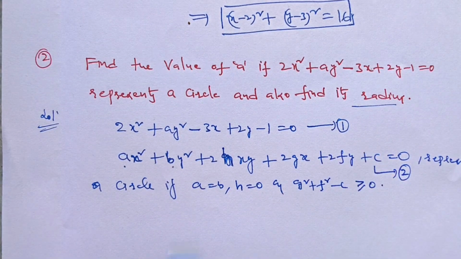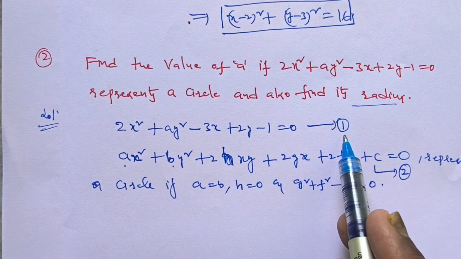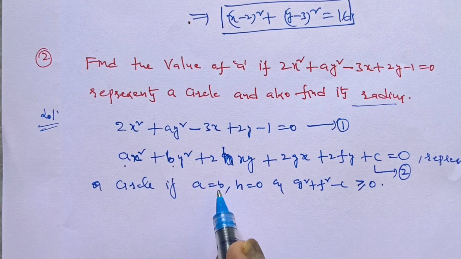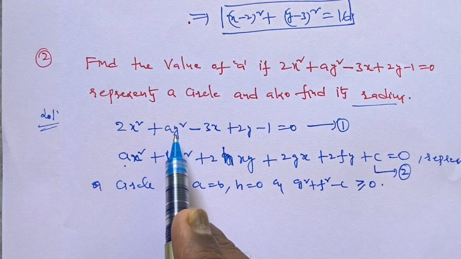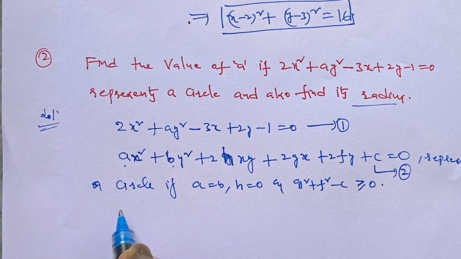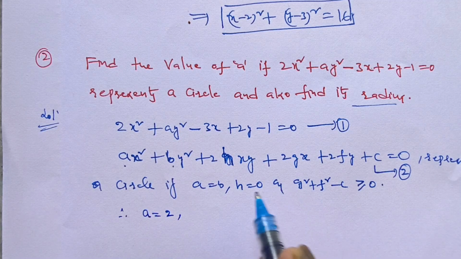So comparing these two here, if this equation represents a circle, we apply these conditions to this equation also. So here a equals to b means the coefficient of x square and the coefficient of y square should be equal. So that's why, therefore a equals to 2.